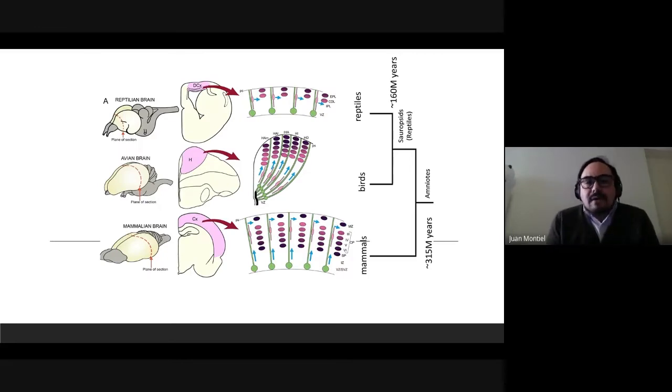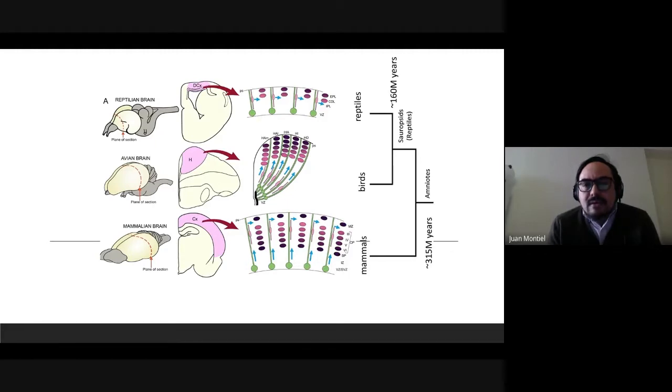Even more, if we compare the topologically equivalent structure across reptilian brain, avian brain, and mammalian brain, we can see that the cortex is very different. The dorsal pallium, in this case, is very different. In reptilian brain, it's very simple.